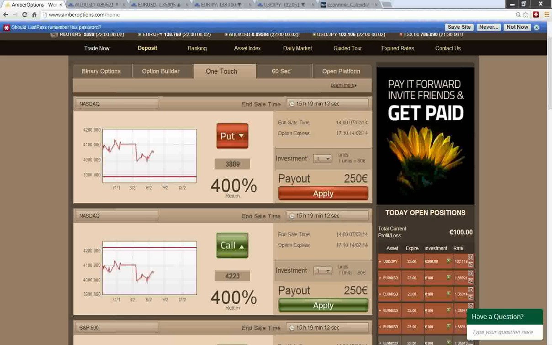It only needs to touch it once. It doesn't matter whether we break it or it just touches and bounces back. We need it to touch it at least once, okay? And that's it. We made money. We are in profit. So only one touch will work.